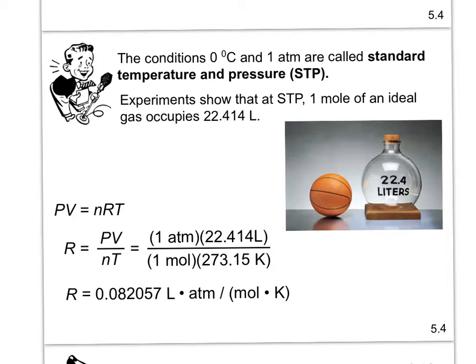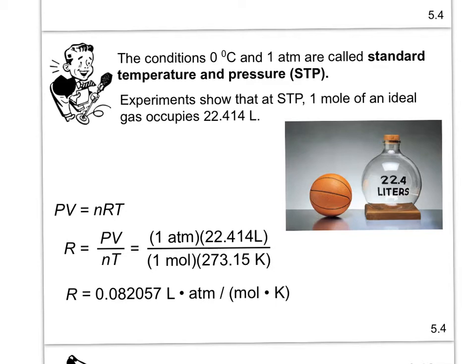Something I wanted to point out exists at one particular temperature and pressure combination. STP stands for standard temperature and pressure, and it is almost exclusively associated with gas chemistry.